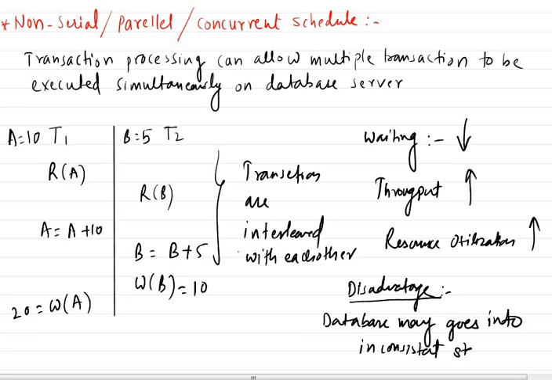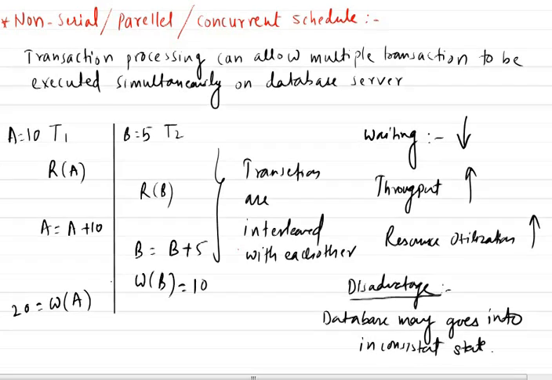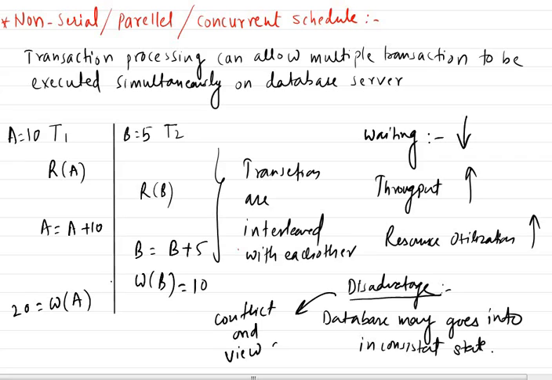Nowadays mainly transactions are non-serial, parallel or concurrent. This disadvantage of inconsistency of a non-serial schedule can be avoided by using two methods called conflict and view serializability. Nowadays, because the waiting time is less, and throughput and resource utilization are very high, all transactions are based on non-serial, parallel or concurrent schedule.